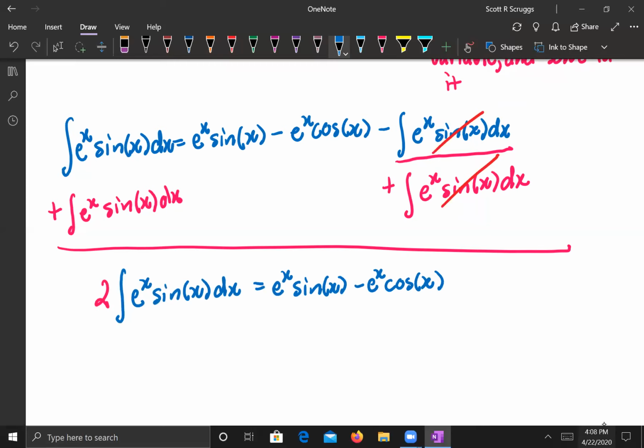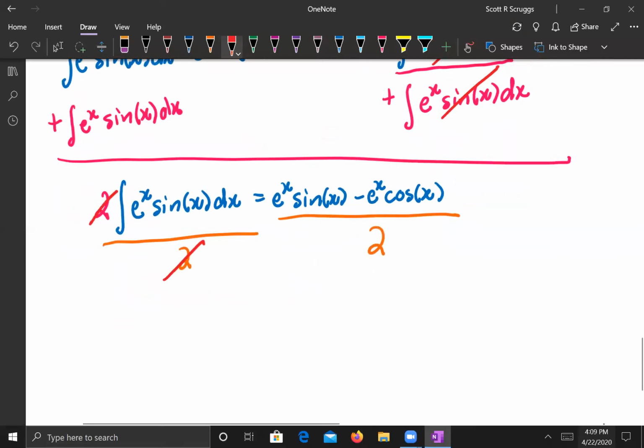Now that I've done the operation of adding, last thing I need to do is divide by 2. Let's change that to orange to not confuse it with that pink 2. Now I'm going to divide by 2 to only have the integral on the left-hand side.